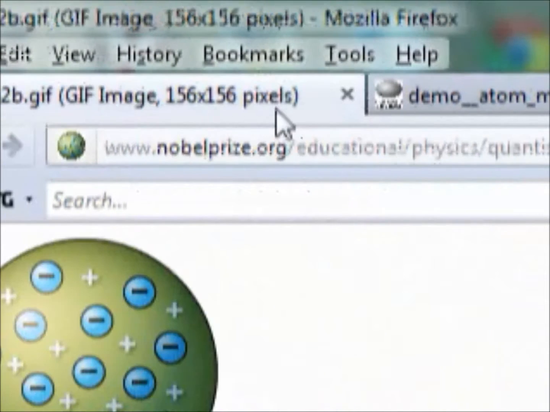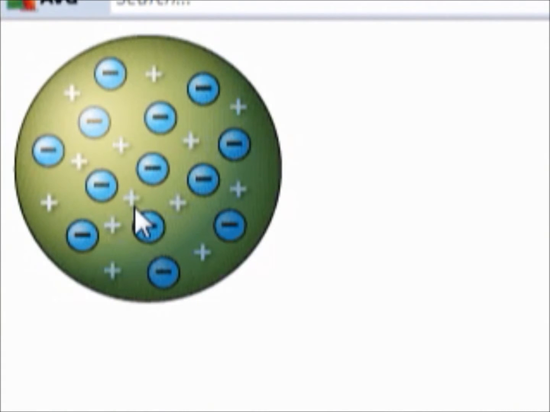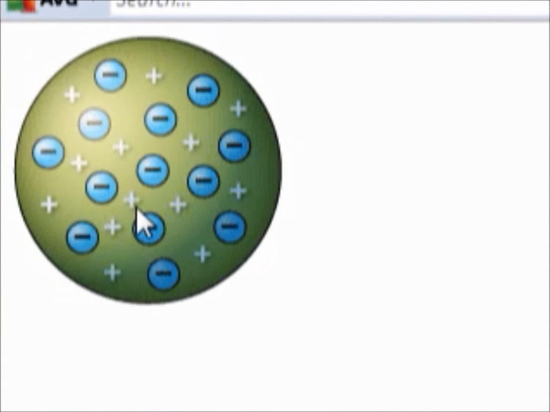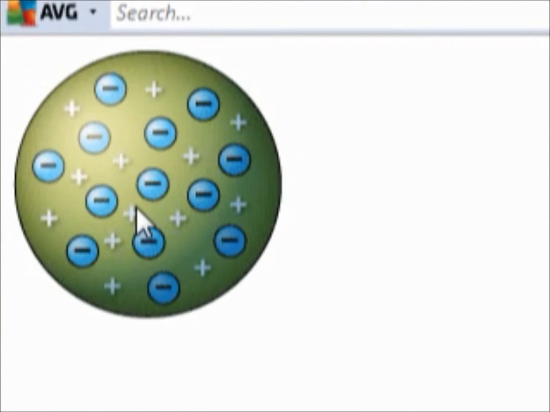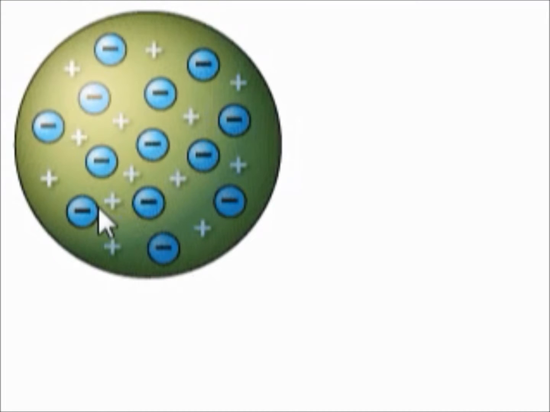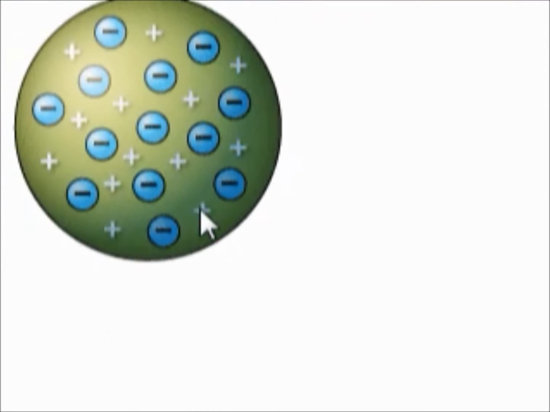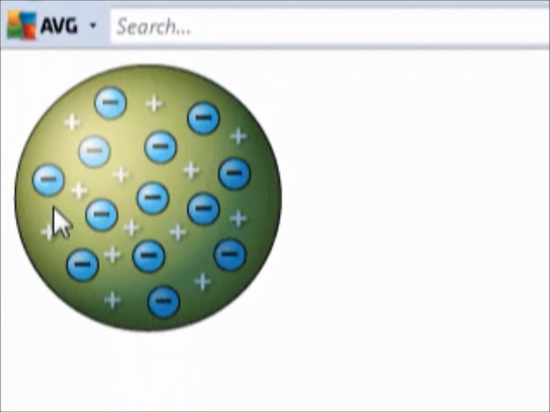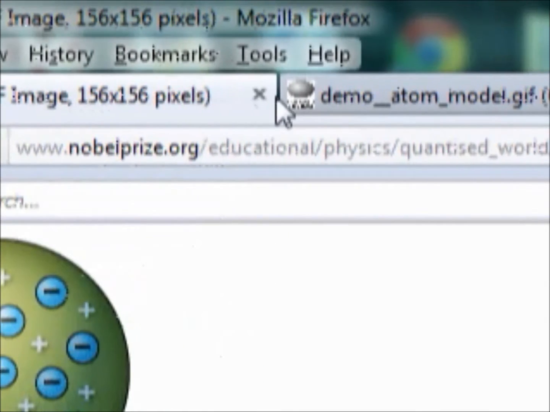As you can tell, it's just a ball, really, with protons and electrons. There's no neutrons, just protons and electrons inside the atom, which is the ball. So here's the electrons, which are negative, protons are positive. Nothing really special about it.